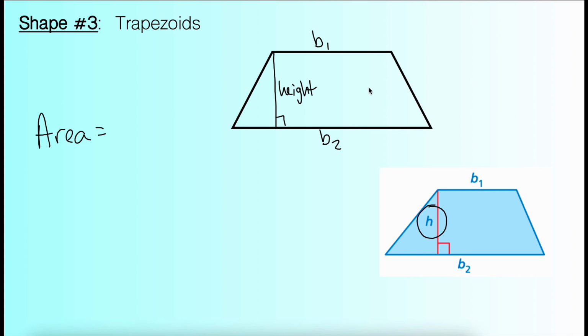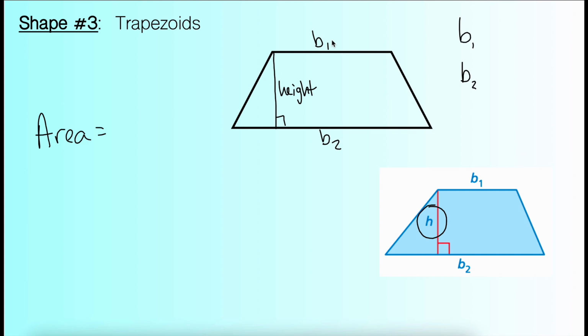It doesn't matter if you call the top B1 and the bottom B2, or if you switch that around. The little 1 and the little 2 are just labels, so that we have base 1 and base 2. We can't just call them both B, because very clearly they're not the same length. One is shorter and one is longer. So instead of using two different variables, we just call one of them B with a little 1, base 1, and B with a little 2, base 2.